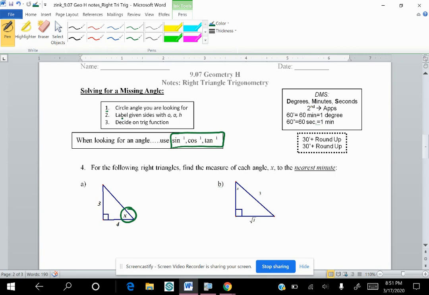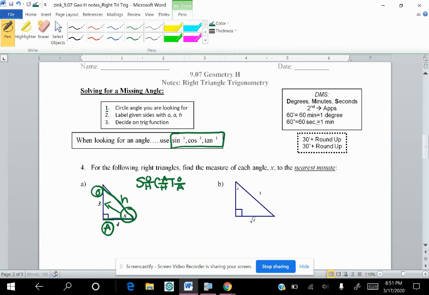After I do that, I'm going to label the given sides with an O, an A, and an H. Across from this angle is my opposite side. Next to this angle, so one of the two sides that's not the hypotenuse, is my adjacent side. I'm going to write out SOHCAHTOA.